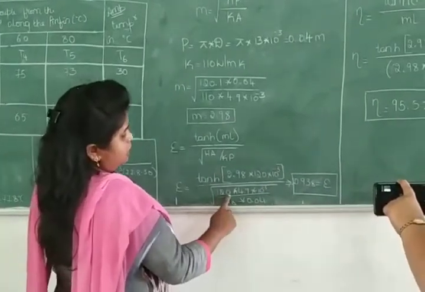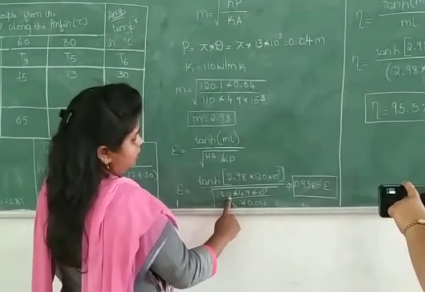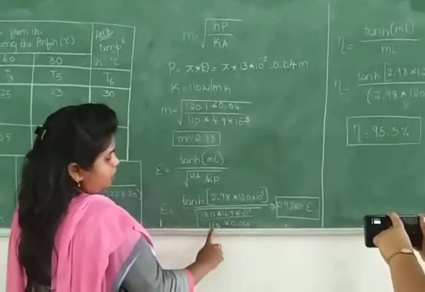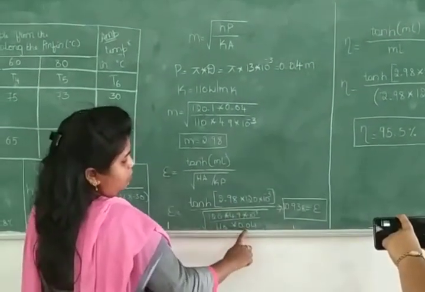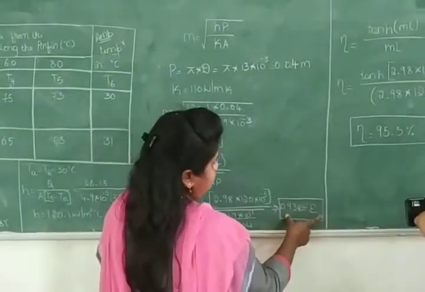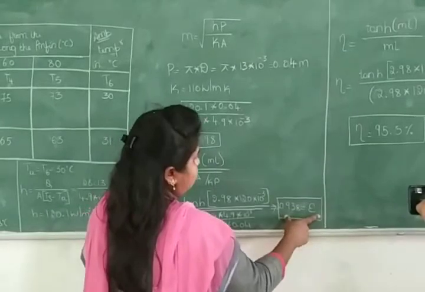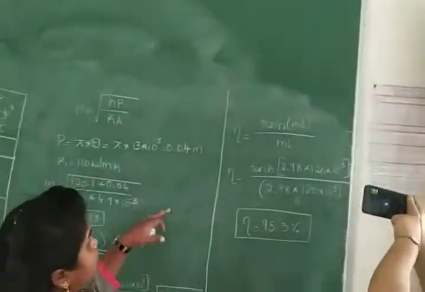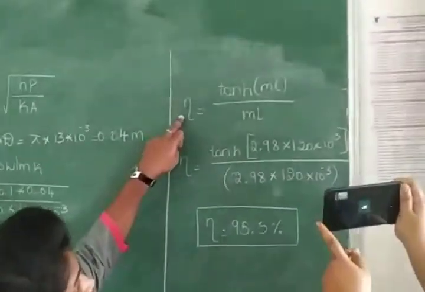H is the convective heat transfer coefficient, that is 120. Area will be 4.9 into 10 power minus 3. Thermal conductivity we know that it is 110. Perimeter we have calculated, it is 0.04. Finally we will get the value of effectiveness. Always remember that we will get less than 1 only. So that is 0.938.